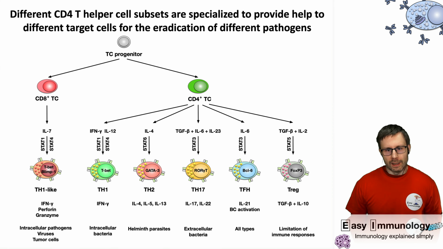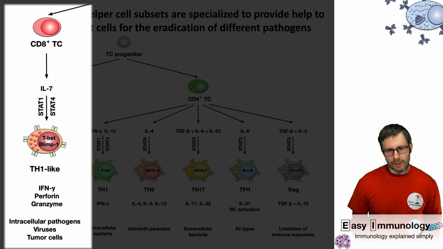We have also the cytotoxic T cells. They are CD8 positive. They are induced if the antigen-presenting cell produces interleukin-7. This triggers STAT1 and STAT4. You see, this is very similar to the Th1 cell.